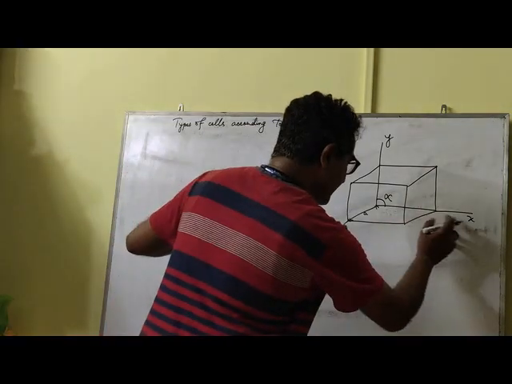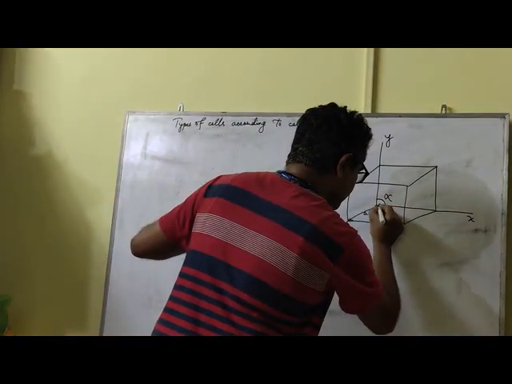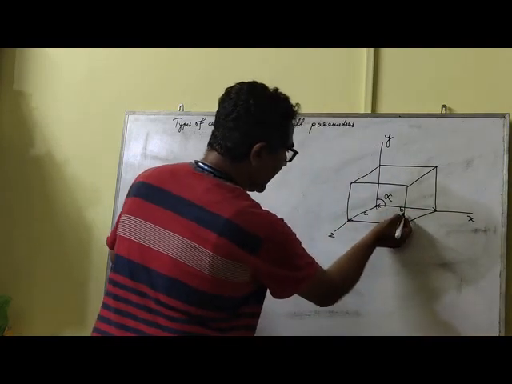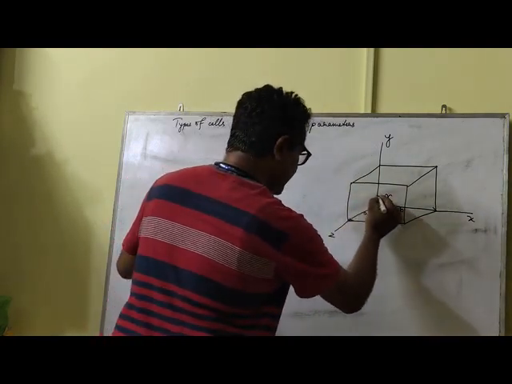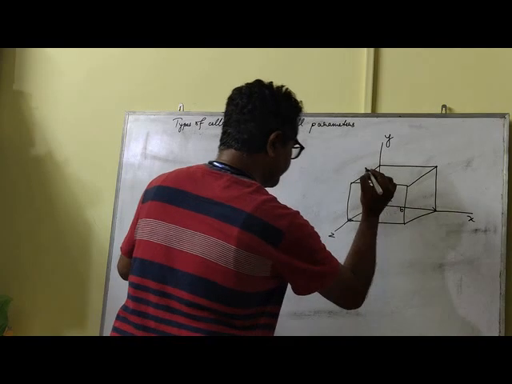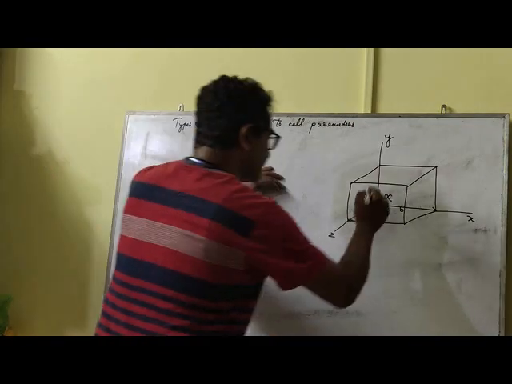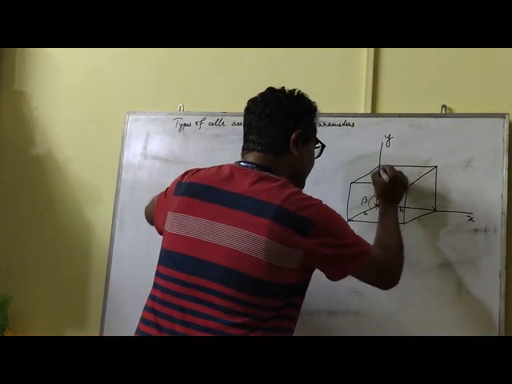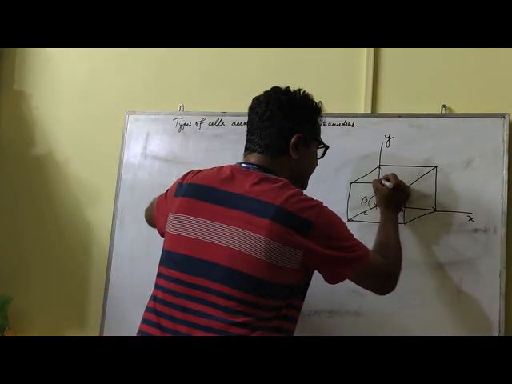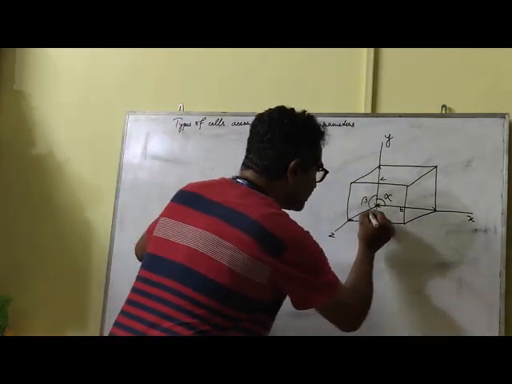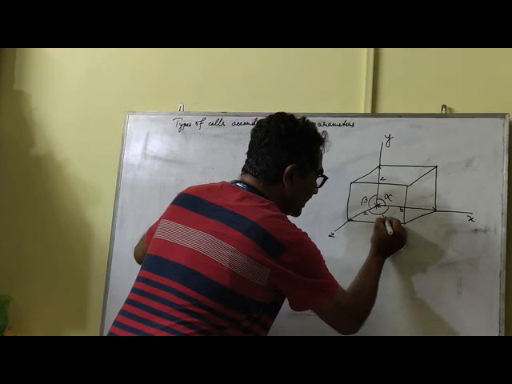For this, along the x-axis, let this particular distance from here to here be B. And the angle which is opposite to this line, we'll take it as beta. Similarly, this particular distance, that is from here to here, we'll take it as C. And the angle which is opposite to it, this is the angle, we'll take it as gamma.